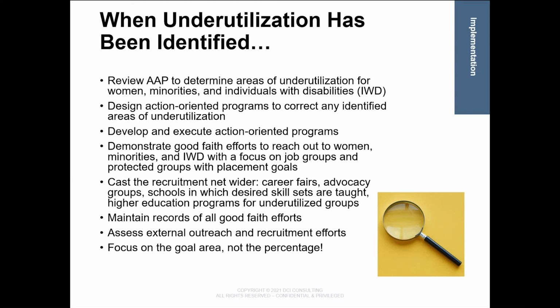Be sure to maintain records of all good faith efforts and assess external outreach in recruitment areas. Last and most important, focus on the goal area in general. The focus should not be on numbers or percentages.